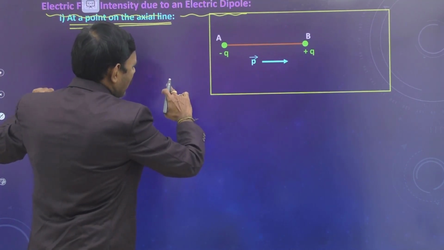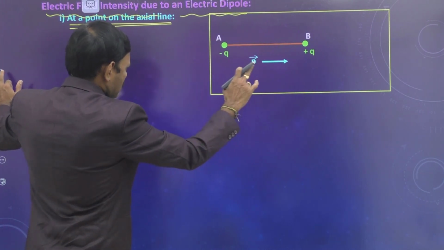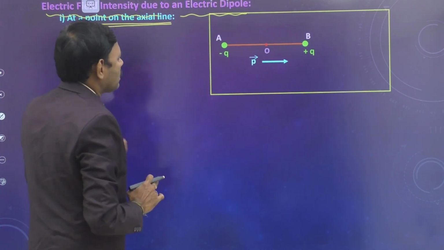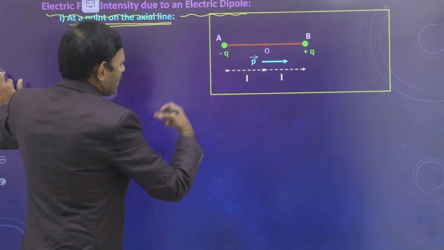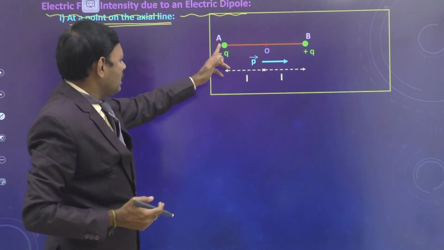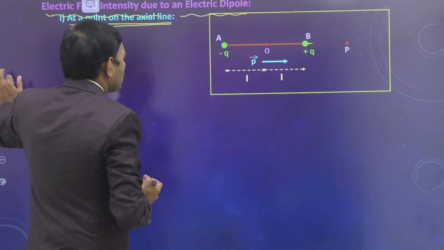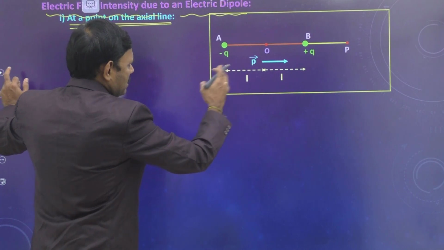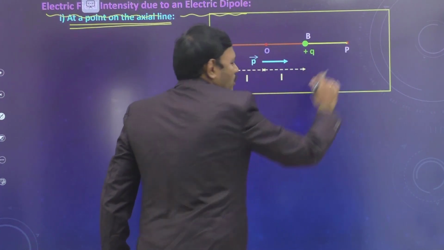Here the line joining AB is the dipole axis and O is the midpoint of the dipole. The length of the dipole is 2L, so A is at a distance L and B is at a distance L from O. Let us consider one arbitrary point P on the axis of the dipole.